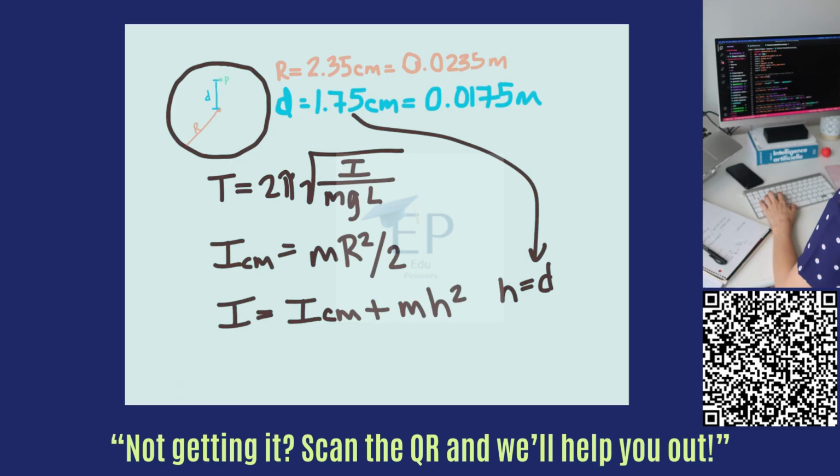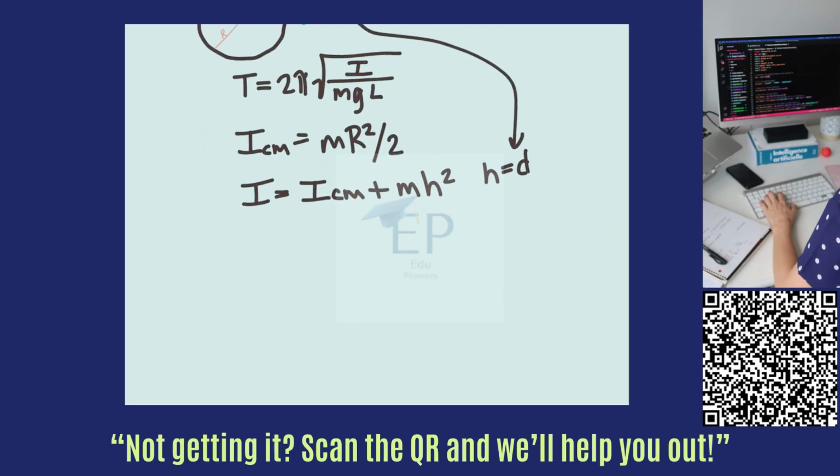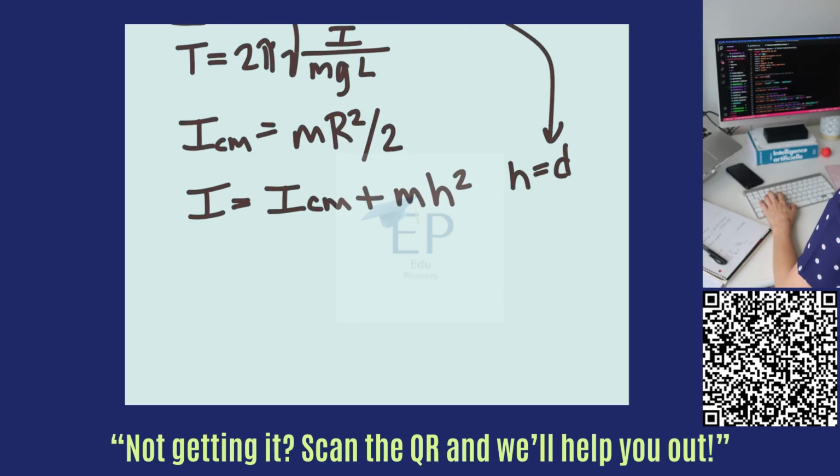So the distance between the pivot and the center of the disk is going to be our h value. So in other words, we can write this equation as inertia equals mass times radius squared divided by 2 plus the mass times our distance squared.